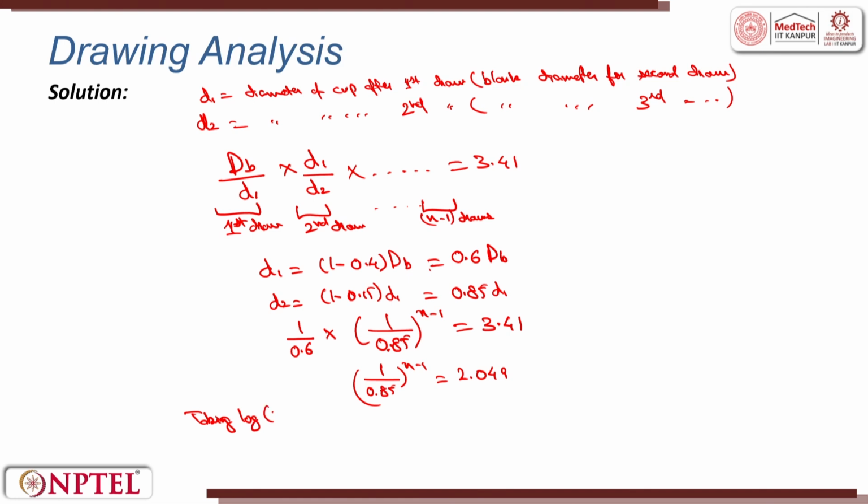Now taking log or natural log, I will put it as n minus 1 log of 1 by 0.85 is equal to log of 2.049. This gives me the value of n as 5.41.